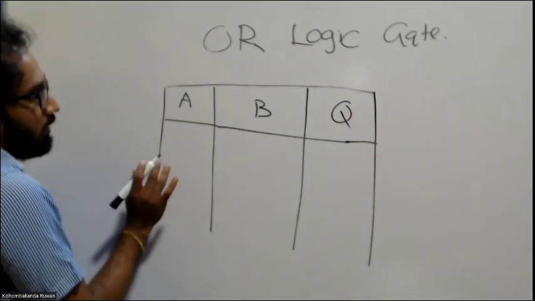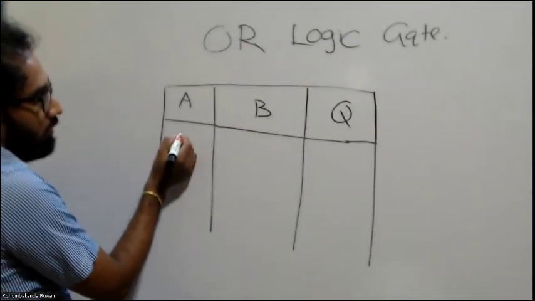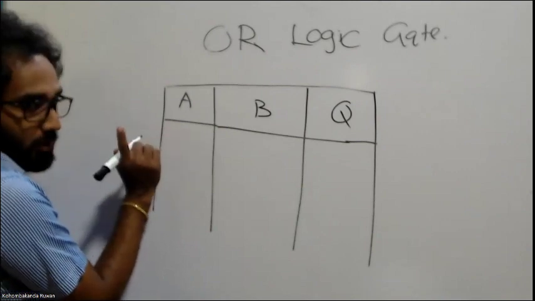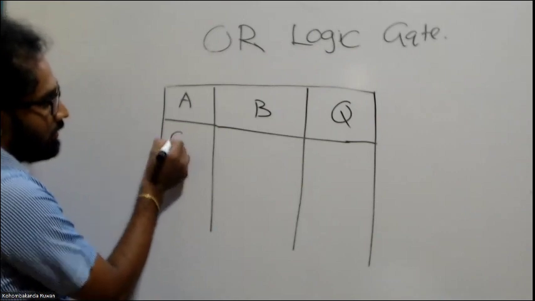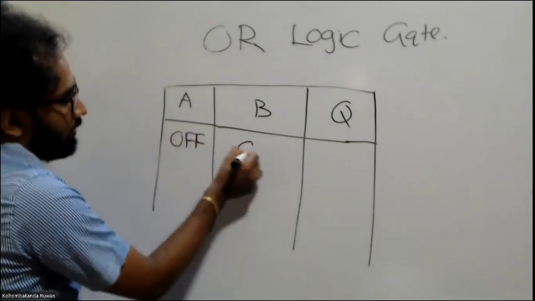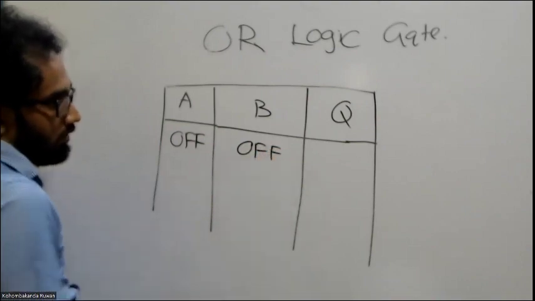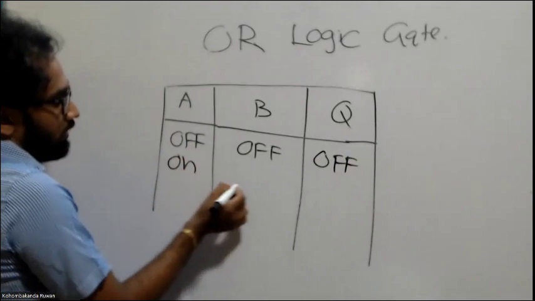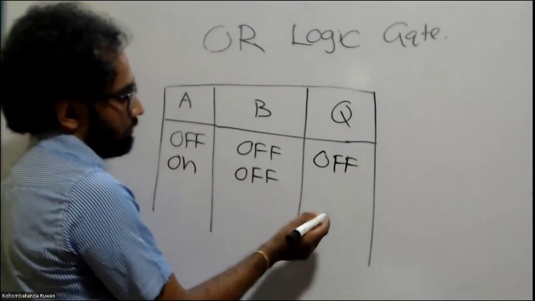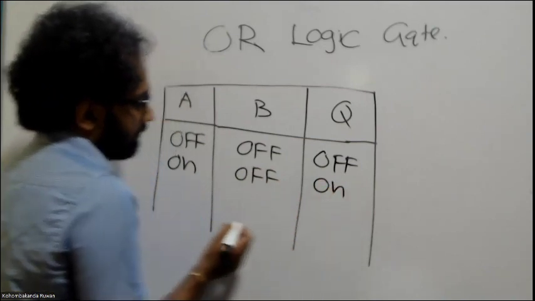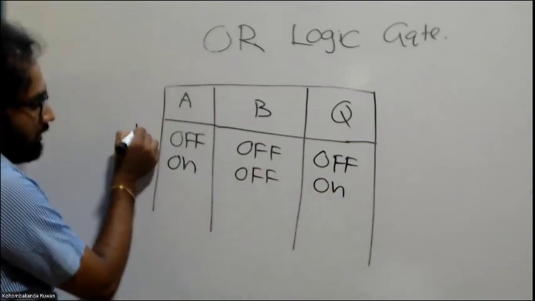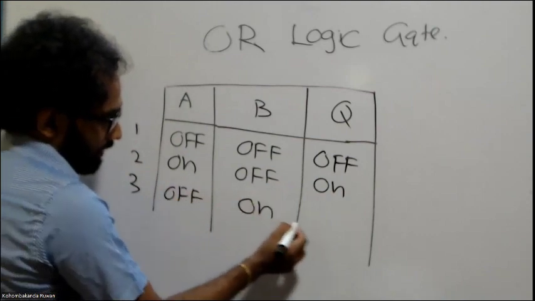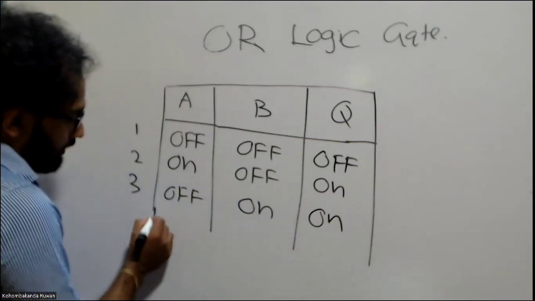Right, before going to put 1 and 0, we will use ON and OFF. The second one is on, this one is on, what is the state? On. Third state, on.